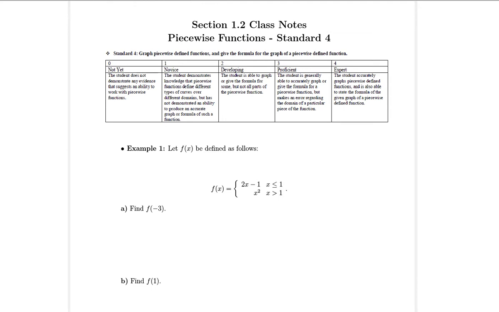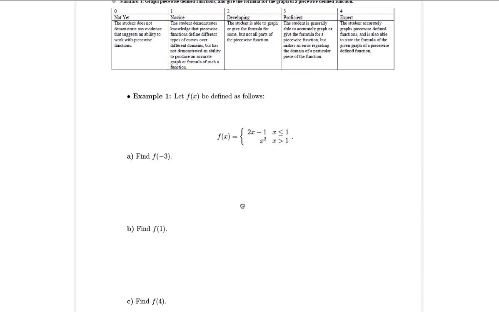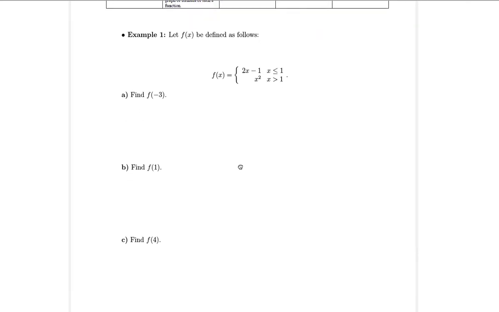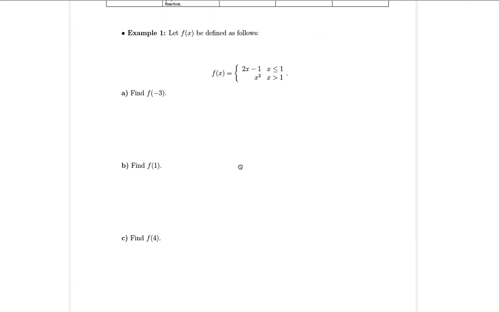So here's an example of one here. What this is saying is that the function looks like 2x minus 1 as long as x is less than or equal to 1. But if x is bigger than 1, it looks completely different. It looks like x squared.